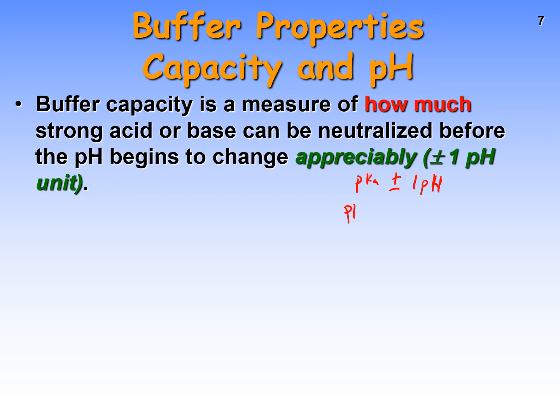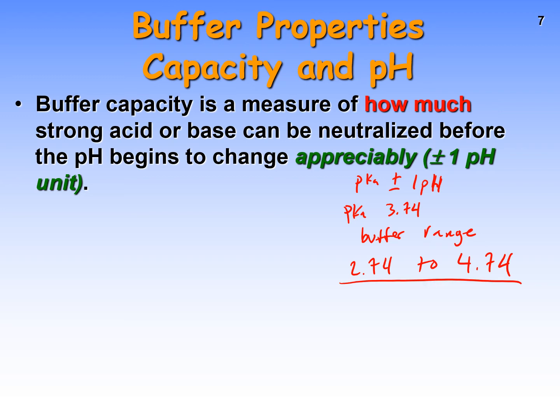So let's say my pKa is 3.74. Then my buffer range is basically 2.74 to 4.74.